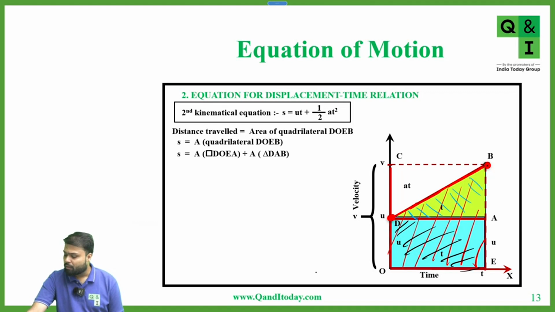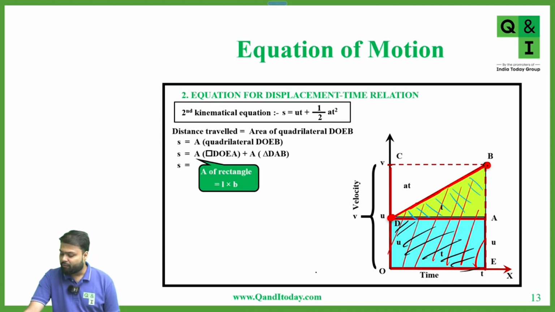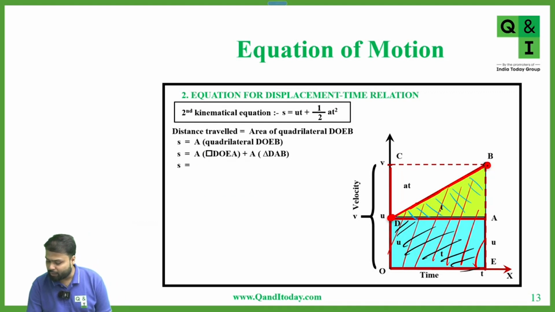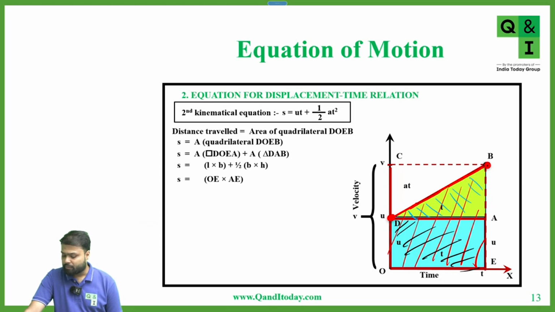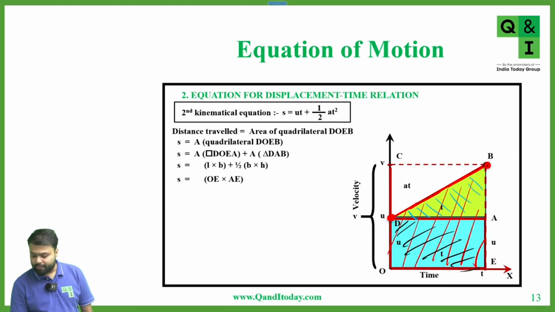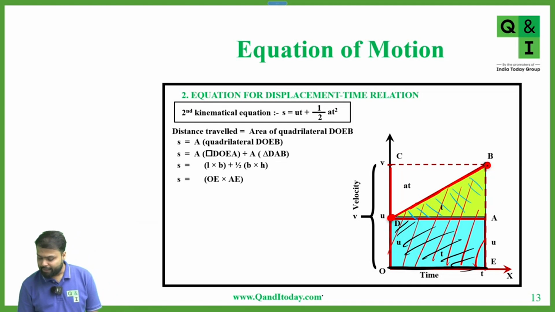Now the area of a rectangle is length into breadth, and the area of a triangle is half base into height. The length, from D to A, is OE. This length OE into AE, length into breadth. Now please tell me, what is OE?